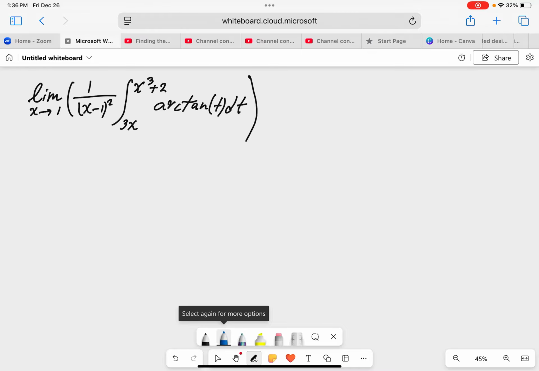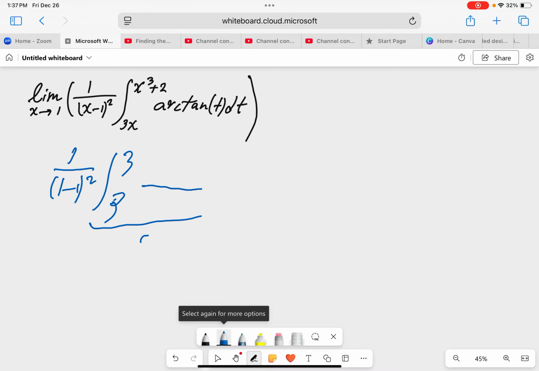If I put 1 instead of x, I have 1 minus 1 to the power of 2, and this one is going to be 1 to the power of 3, 1. 1 plus 2 is 3. And then the bottom one is 3 times x, which is 3 times 1, going to be 3. And basically, the integration of 3 with whatever is in here is going to be 0.